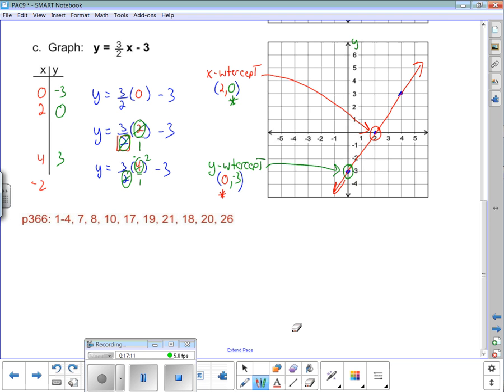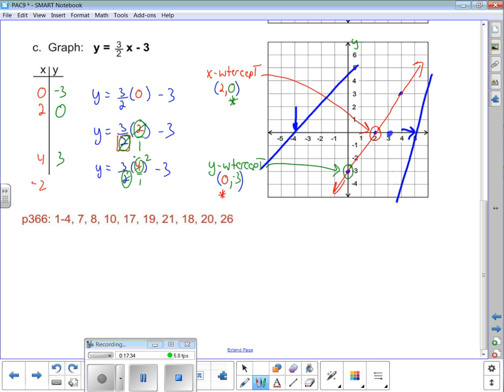So watch again, watch the graph. You tell me the y-coordinate of the x-intercept. What's the y-coordinate of that point? 0.